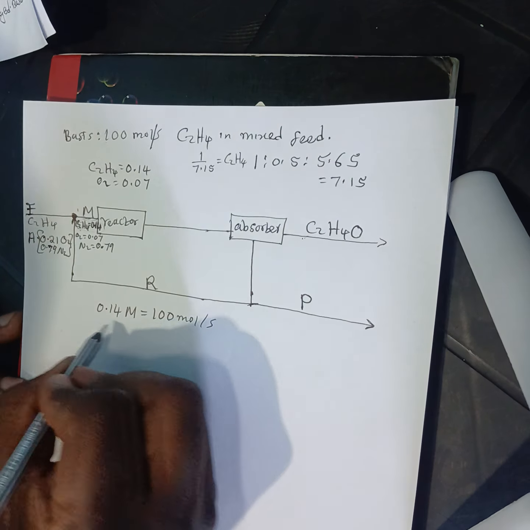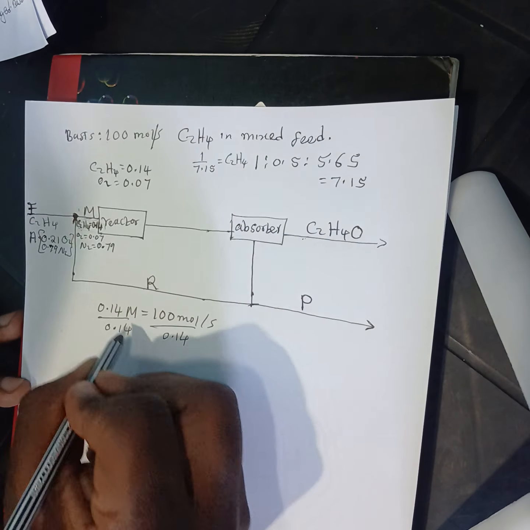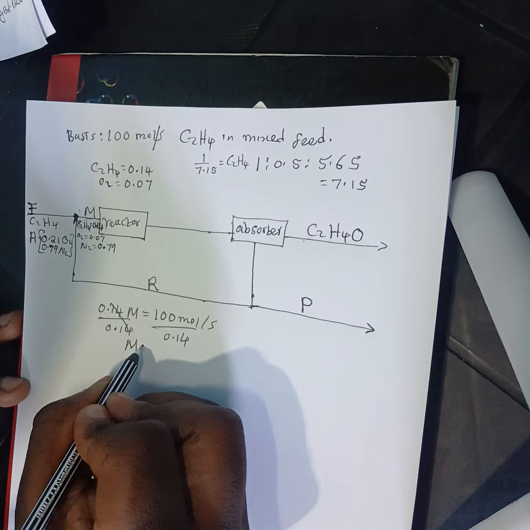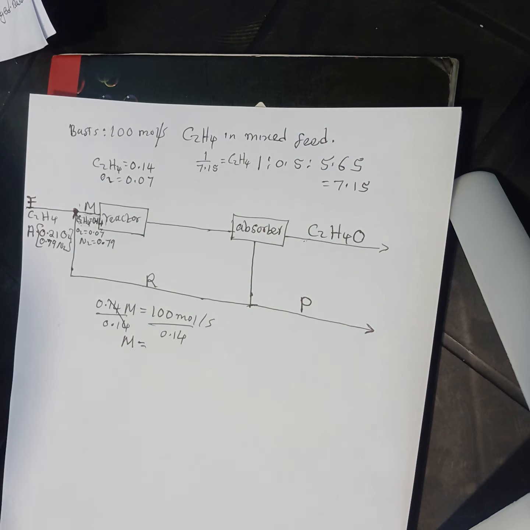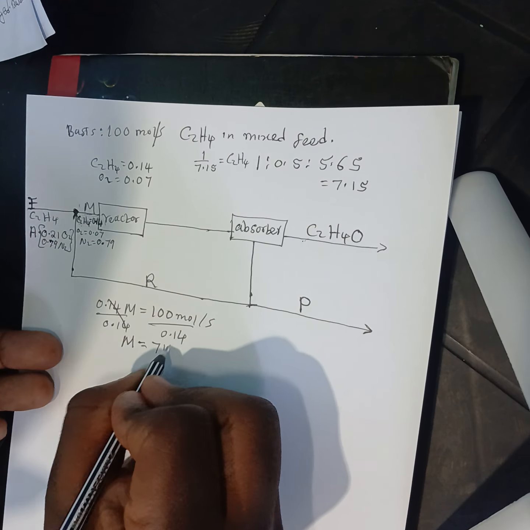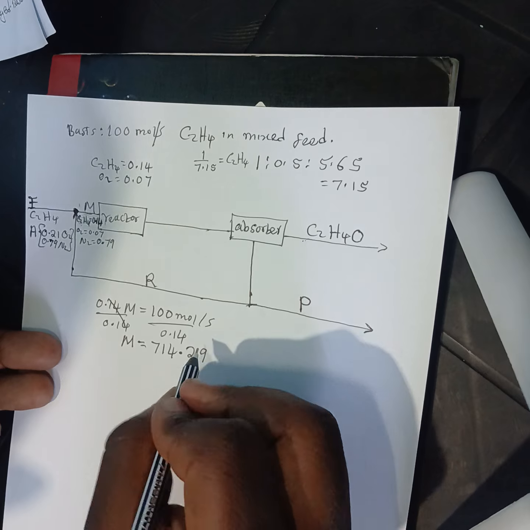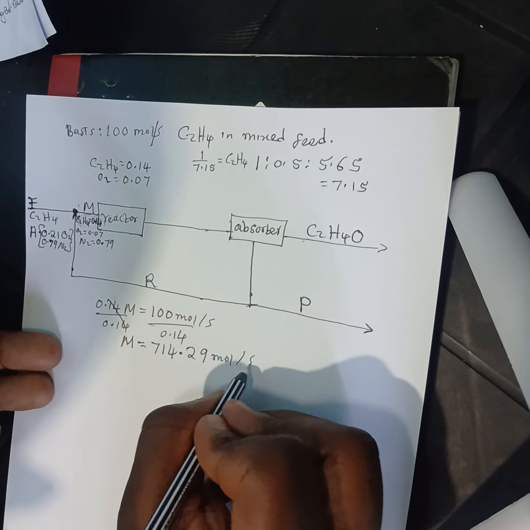Meaning the mixed feed is equal to 714.29 moles per second.